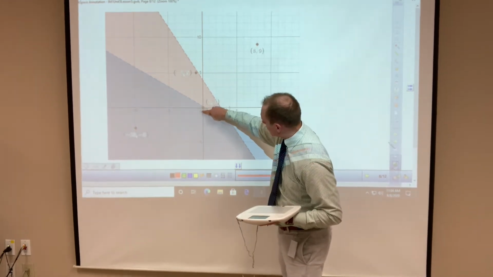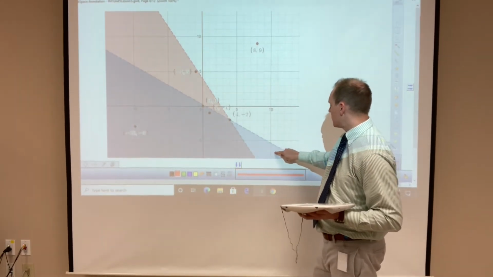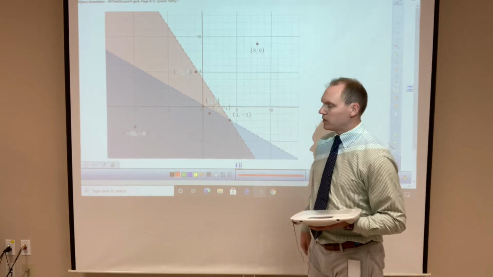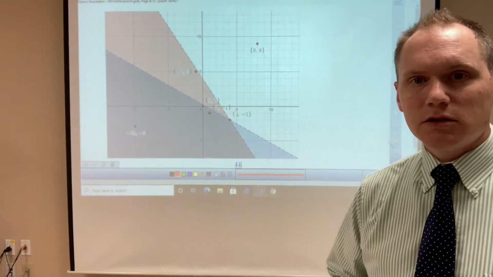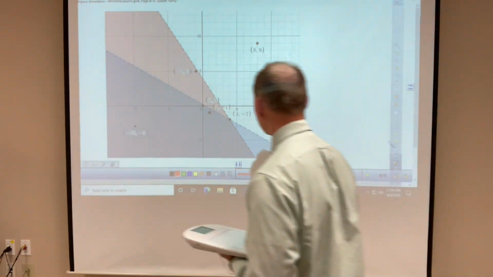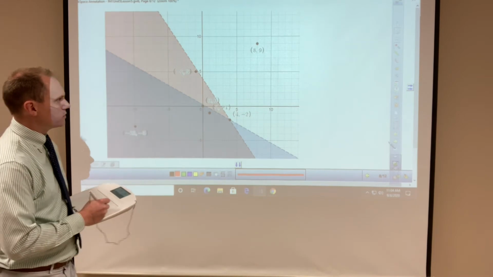So down 1, 2, 3, 4, 5 over 1, 2, 3, 4, 5, 6, 7, 8, 9. There. And then we can just plot the points and see which ones are solutions and which ones aren't. So we can very quickly visually see which ones are solutions and which ones aren't.